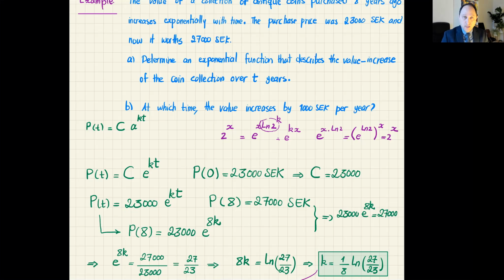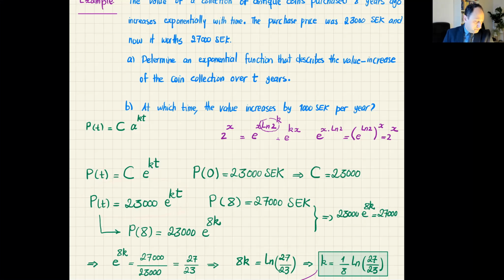The first part asks you to complete the model. And then when the model is completed, it means that you found C and you found K. Then they will ask you a question regarding your model, okay? Then you need to use the formula that you found for your model to answer the second part of that question. So that is the general form of these kinds of questions.